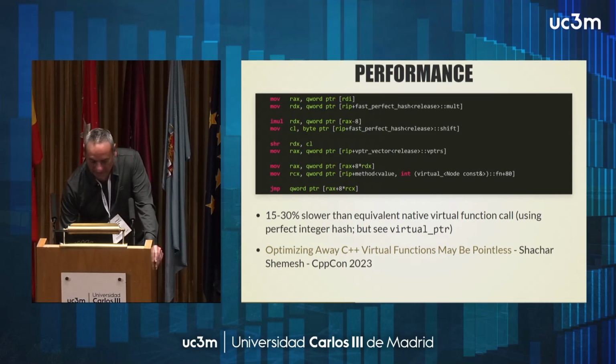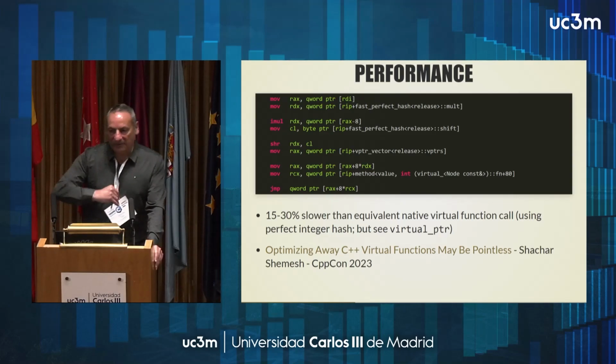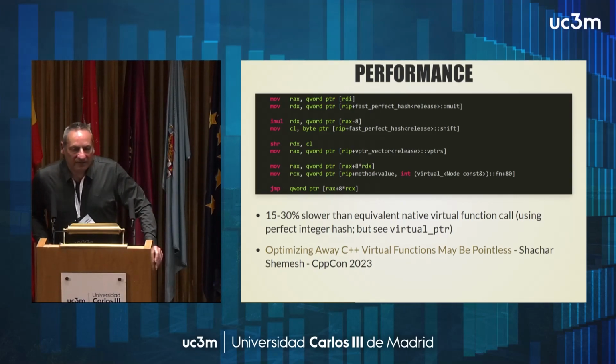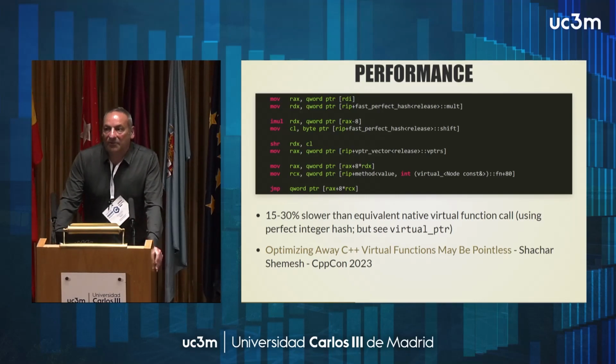And then we have to read the offset that the method occupies in the vtable, and then we go make the call. So okay, that's 9 instructions, but really 5 instructions, but that is still more than the 2 instructions that it usually takes to call a virtual function. If that is still too much, I have a solution later.